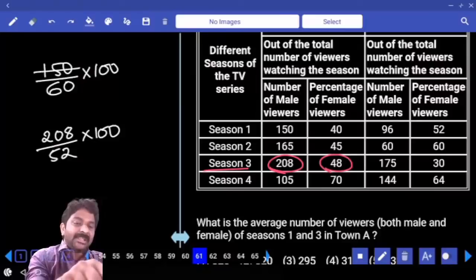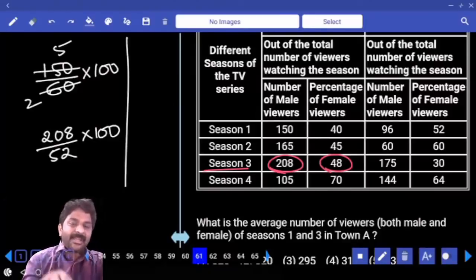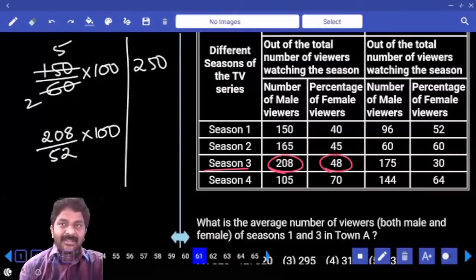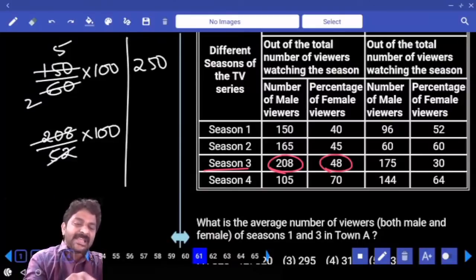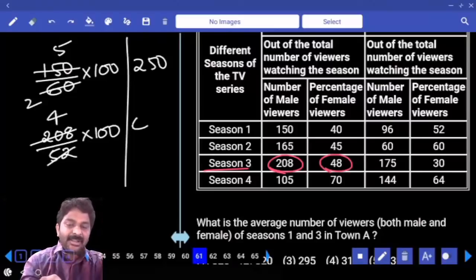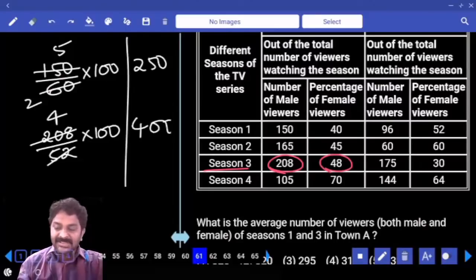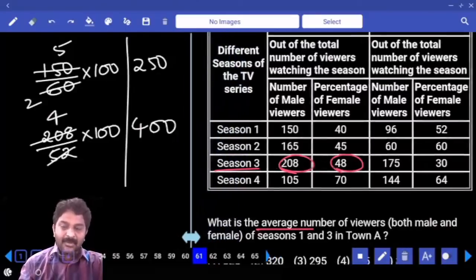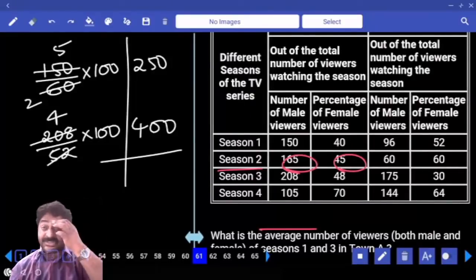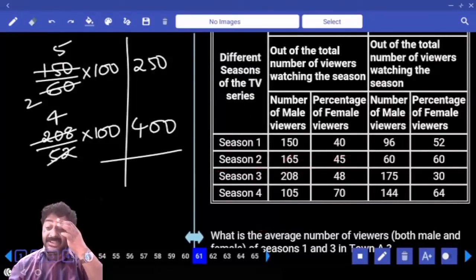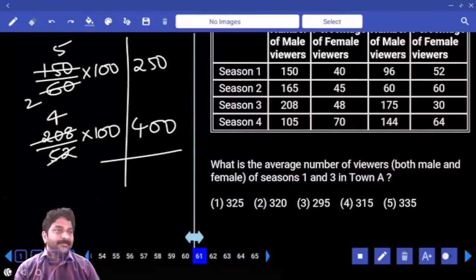Now 30, 5 times, 30, 2 times, 500 by 2, 250 total in season 1. 52 exactly 4 times, so that is 4 into 100, 400. But we were asked to calculate the average, right? Come on. Sum is equal to 650, then average 325. First option.